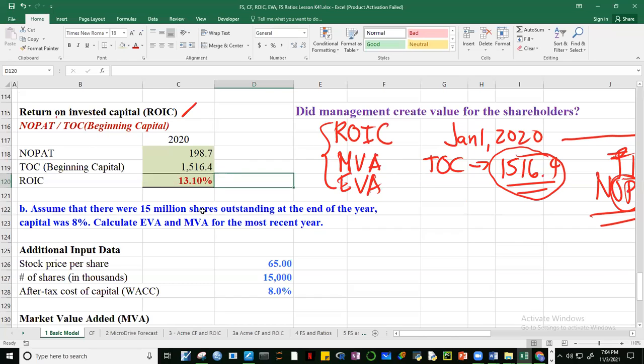If this was negative, we're losing 13 centavos for every 1 peso of operating capital provided by investors. But since this is positive, guys, did we create value for the shareholders? Any volunteer, guys? Any answer? Any guess?